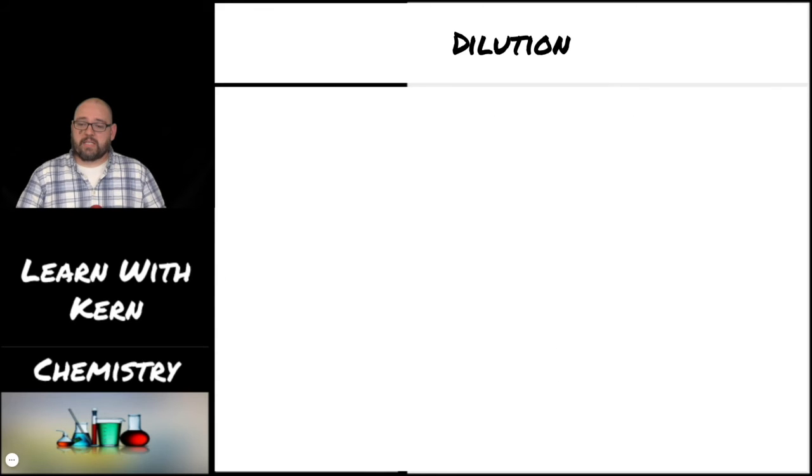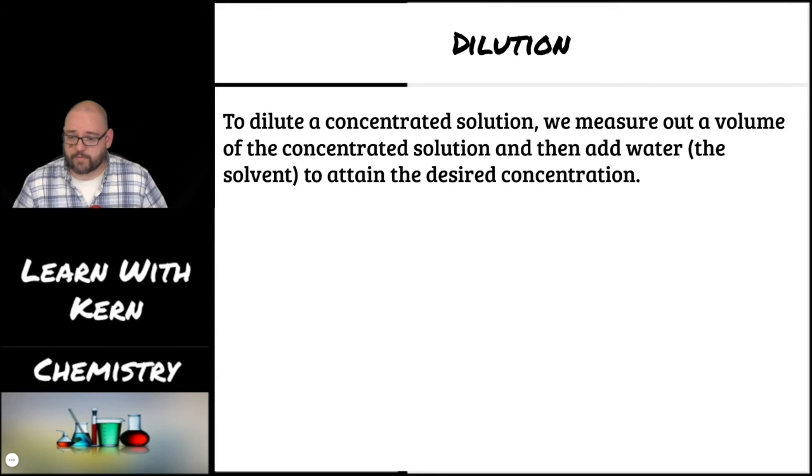And so let's look at how we would do that. To dilute a concentrated solution, you measure out a volume of the concentrated solution, and then you add water, or whatever else your solvent is, usually going to be water. You add your solvent to attain the desired concentration. So if I have a highly concentrated acid and I need to dilute it to a very specific concentration, I do my calculations to figure out how much of my concentrated acid I need to start with.